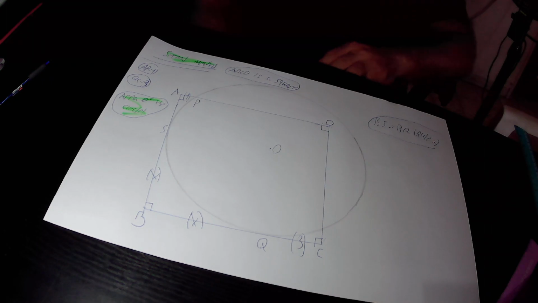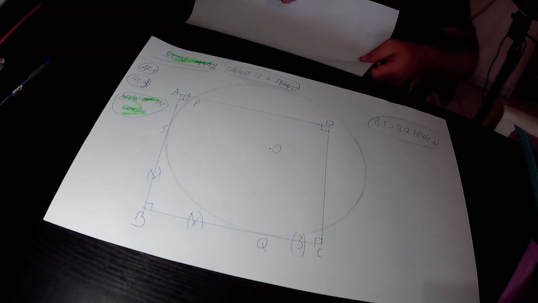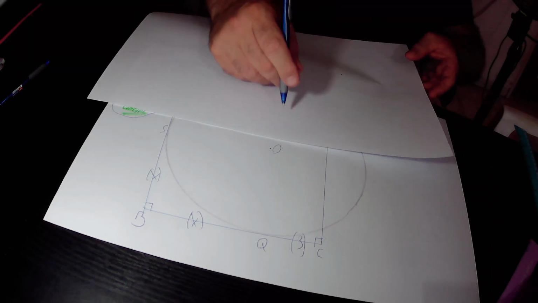So I'll write it down. In square ABCD, side AB equals side BC.